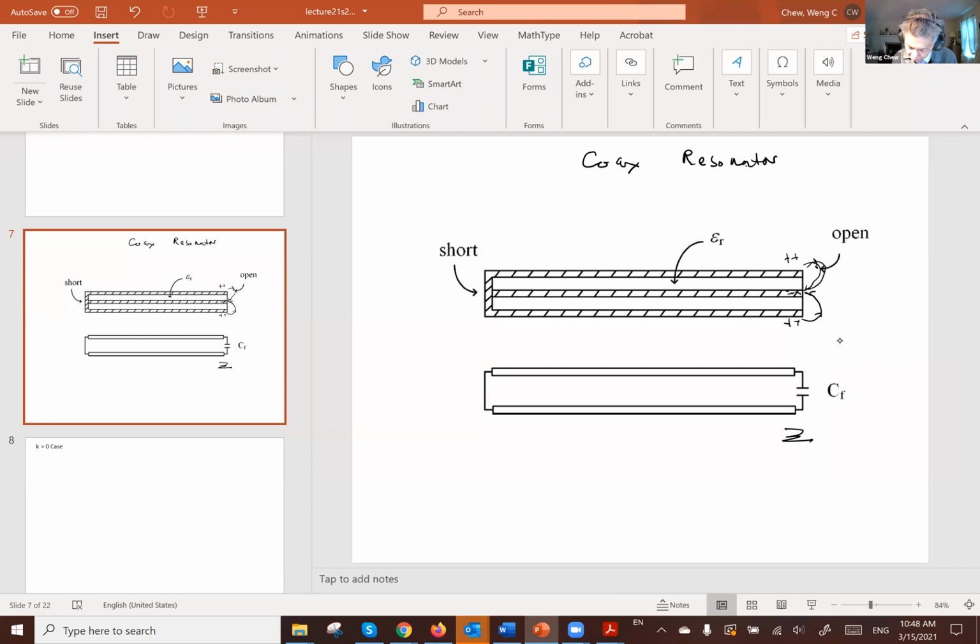So there will be fringing field that goes like that, okay, from the outer conductor to the inner conductor. And that depends on the phase of the wave, of course. And this fringing field stores electric energy, and that has to be modeled with a capacitance called the fringing field capacitor. Okay, and this stores electric field energy.